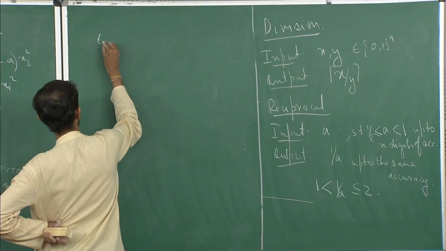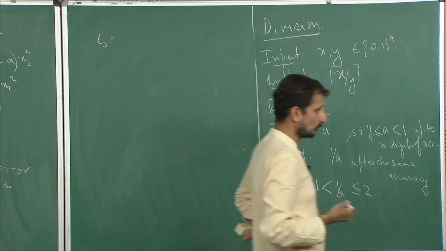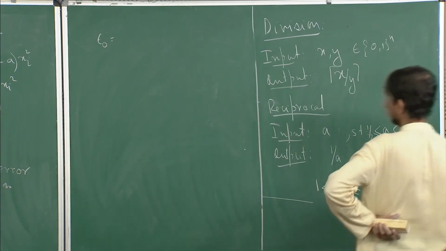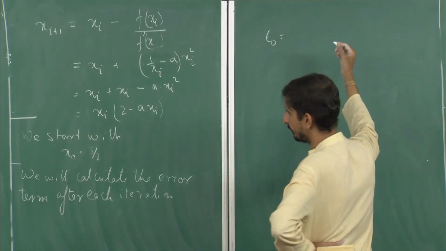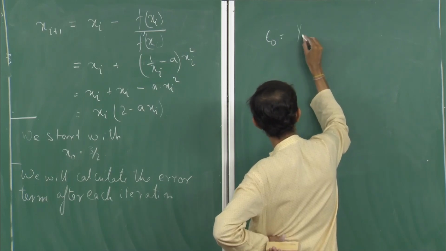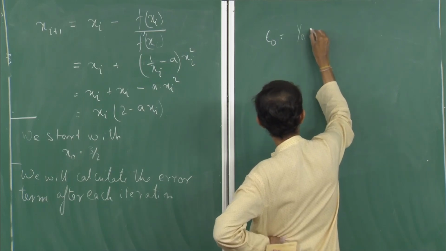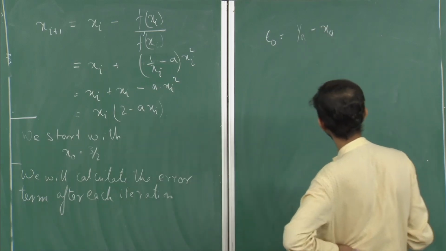So initially I will have epsilon 0, which is equal to 1 over a minus x0. So x0 I start with 3 by 2.